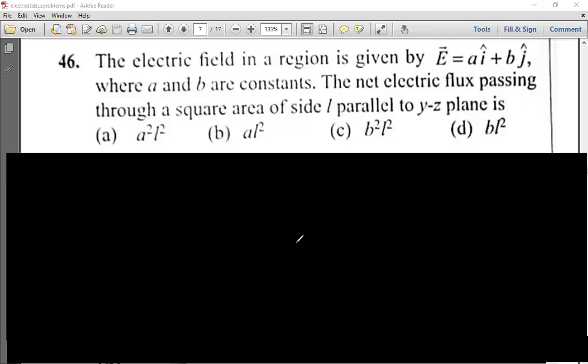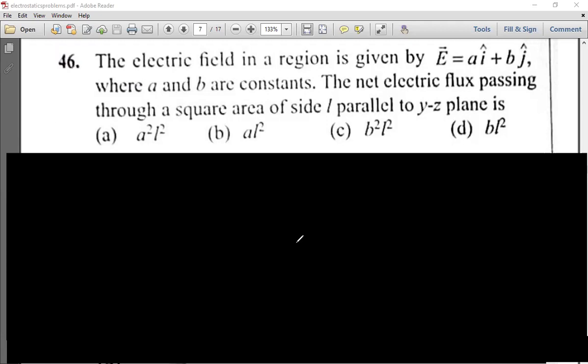The electric field in a region is given by E bar is equal to A I cap plus B J cap, where A and B are constants. The net electric flux passing through a square area of side L parallel to YZ plane, he is asking again. How it is? Parallel to YZ plane.